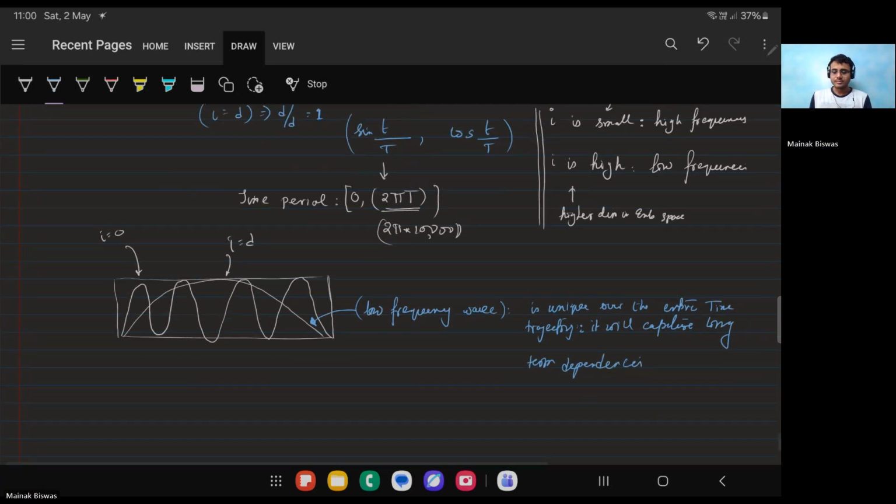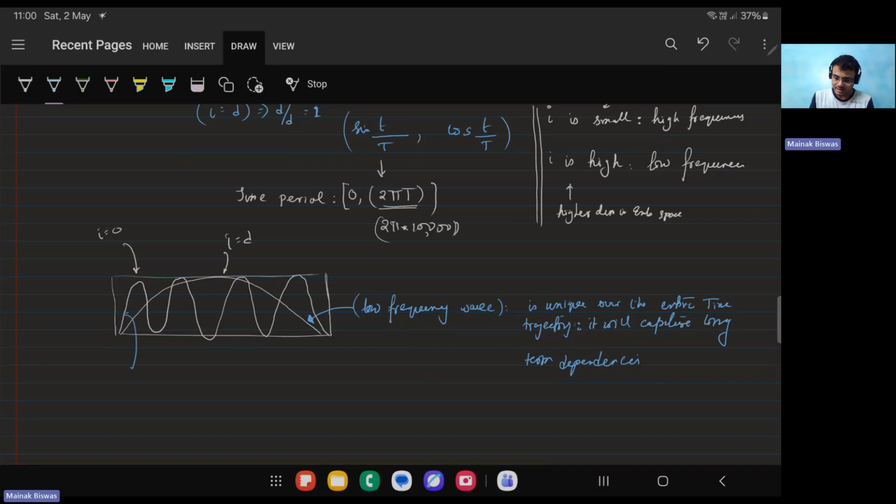But this wave is unique only in short durations, so it captures short-term dependencies.